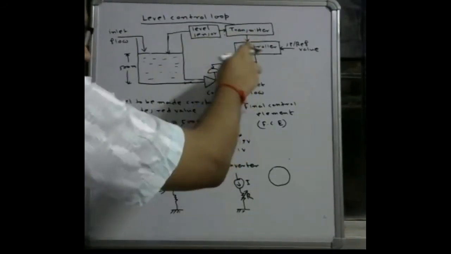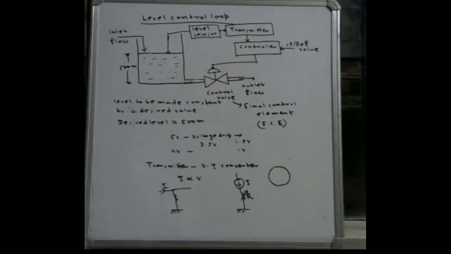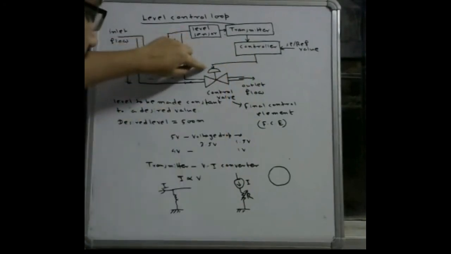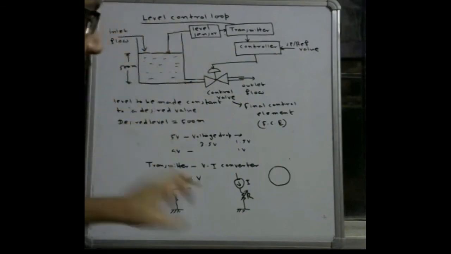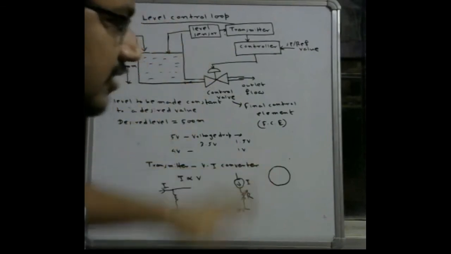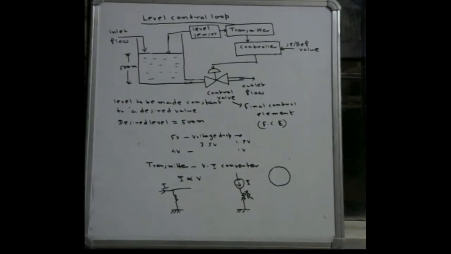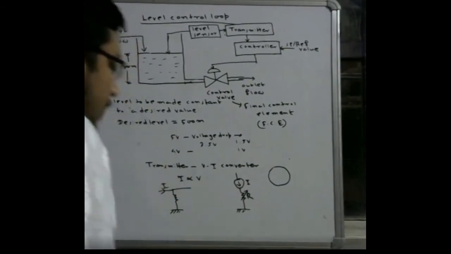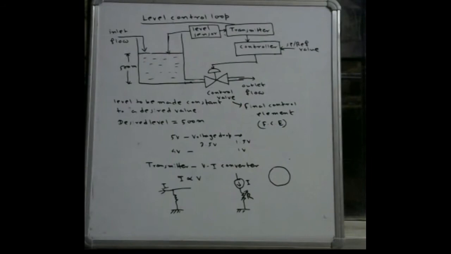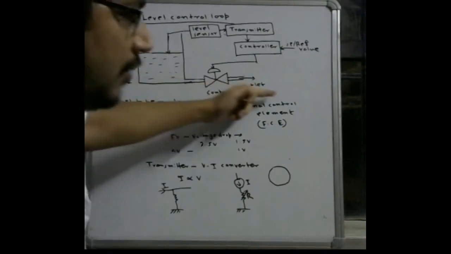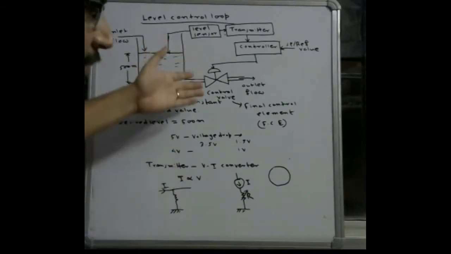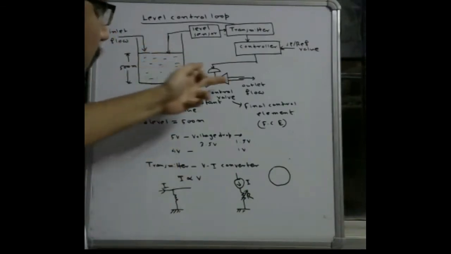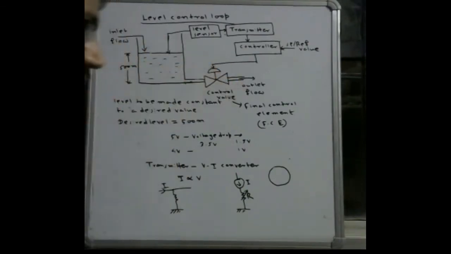So this one is an electrical signal, and depending upon this signal the opening of the control valve will increase or decrease. So if the opening of the control valve is increased, then outlet flow will be increased, and if the opening of the control valve is decreased, then outlet flow will be decreased.